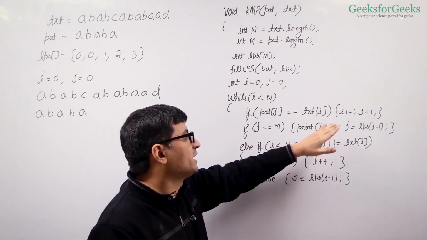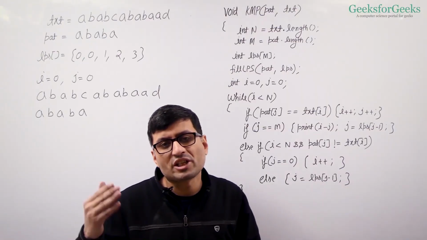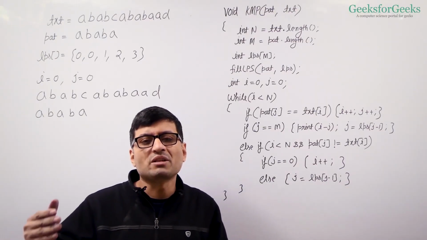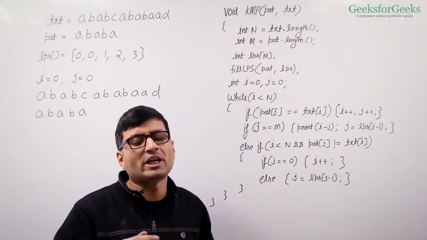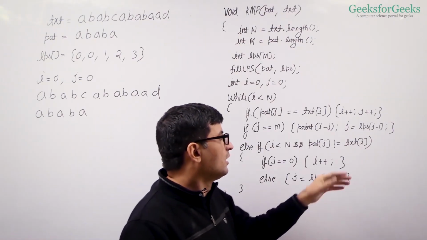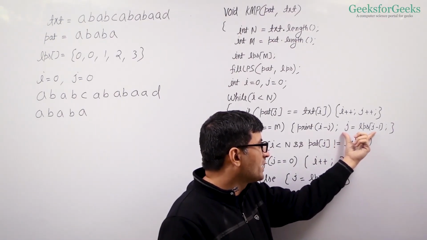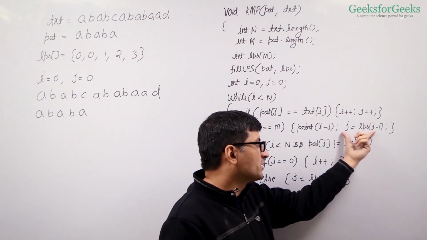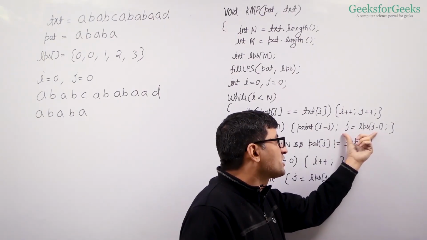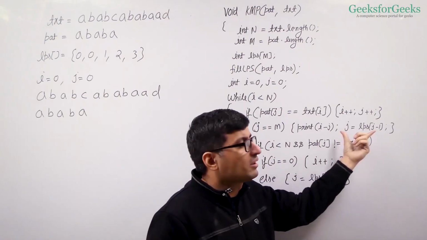Or you can write i minus m also, because i is the current position and you will find the beginning of this shift by doing i minus m. And then we use the LPS array to find the next value of j, right? That is something we discussed and checked in the previous example.